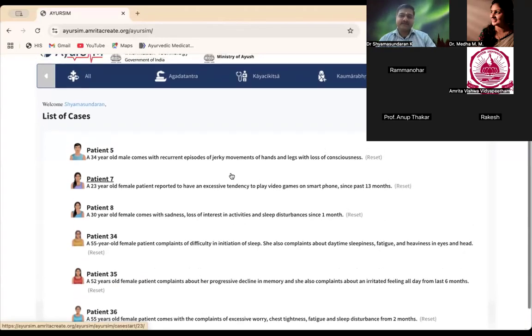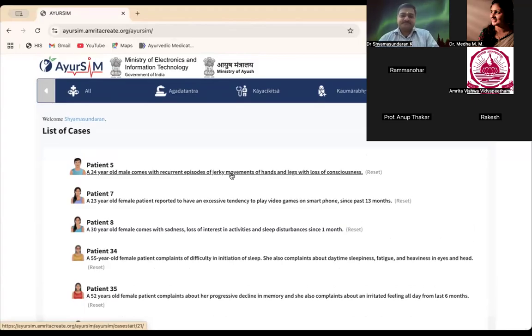So ultimately, what you see in this platform are the most required cases at a first stage. This is the first phase of the project.